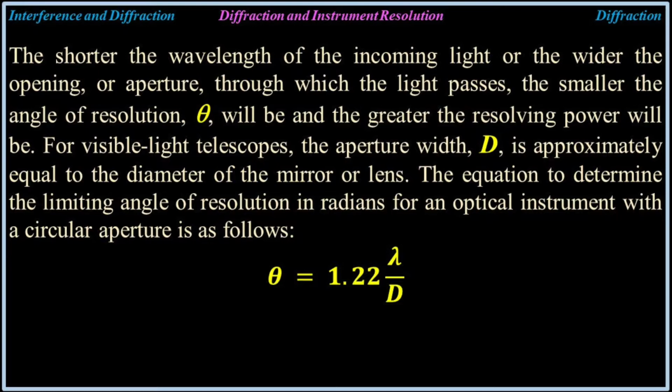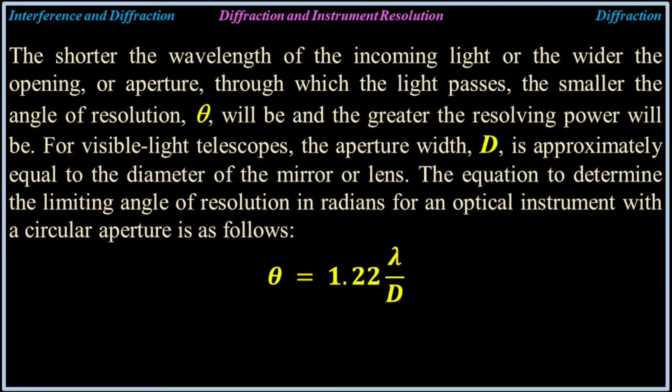The shorter the wavelength of the incoming light, or the wider the opening or aperture through which the light passes, the smaller the angle of resolution theta will be, and the greater the resolving power will be. For visible light telescopes, the aperture width d is approximately equal to the diameter of the mirror or lens.